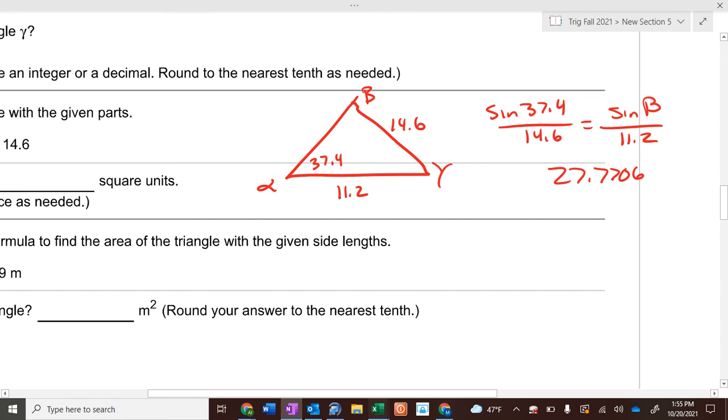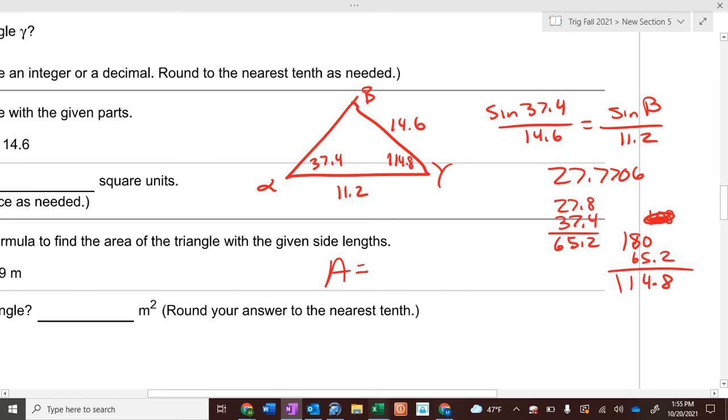So let's just make it 27.8. If we take 27.8 plus 37.4, that adds up to 65.2. Take 180 minus 65.2, 114.8. Okay, so that's the angle in the middle.